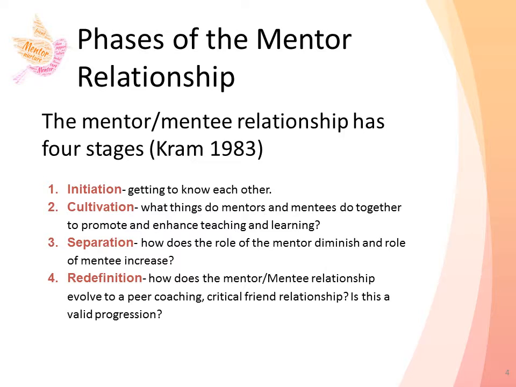Now, the phases of your mentor relationship are going to have four stages. Initiation: you're going to get to know one another, trust one another. Oftentimes, mentees will be a little reluctant to say, yeah, I want to meet with you. I always say, okay, here's my calendar, pick a day, when are we meeting?